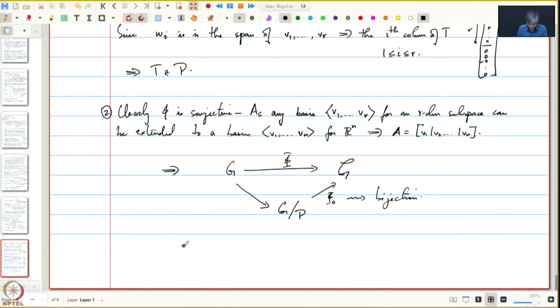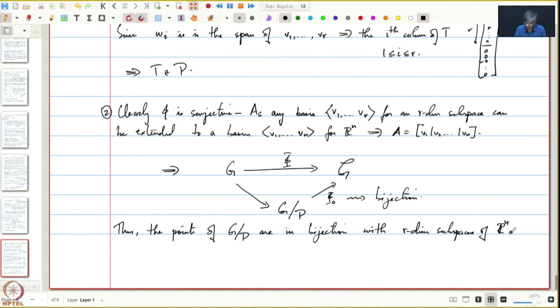So thus the points of G mod P are in bijection with r dimensional subspaces of Rn.